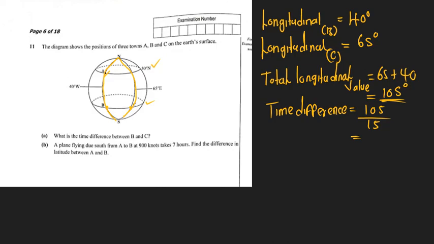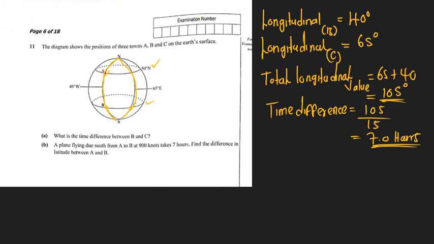So 105 divided by 15, you're going to get 7.0 hours. Is it clear? Earth geometry is actually very simple.